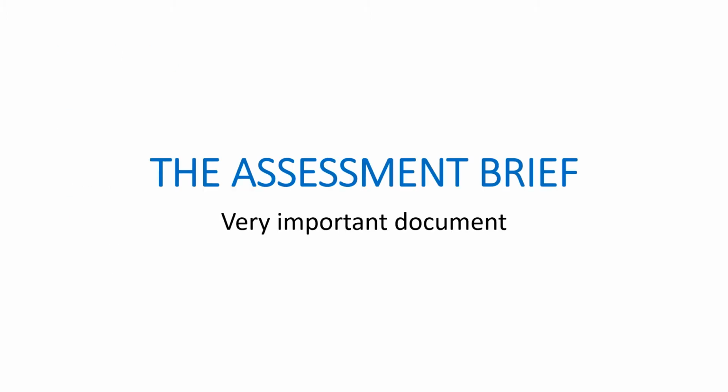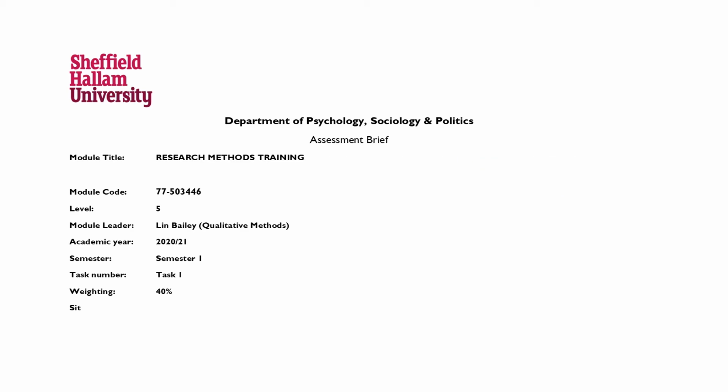So the assessment brief, we'll look at this first, and as I said in the CA assessment seminar, this is a very important document. With the assessment brief, you have really detailed assessment guidelines for CA and for DP, whichever one you choose to do. There's grading criteria for RMT level 5 qualitative, and there's also the university grading criteria for level 5 as well.